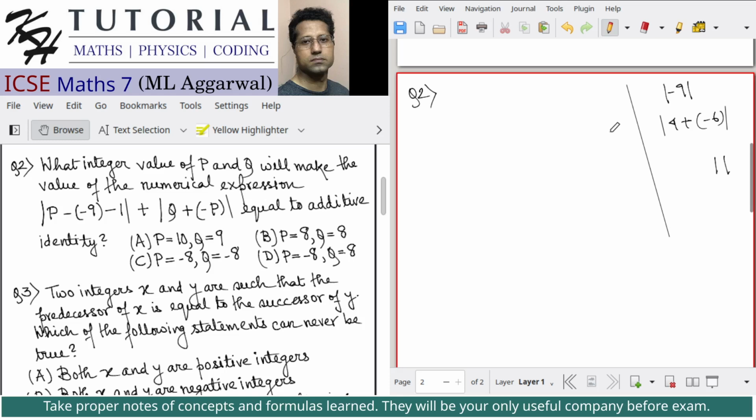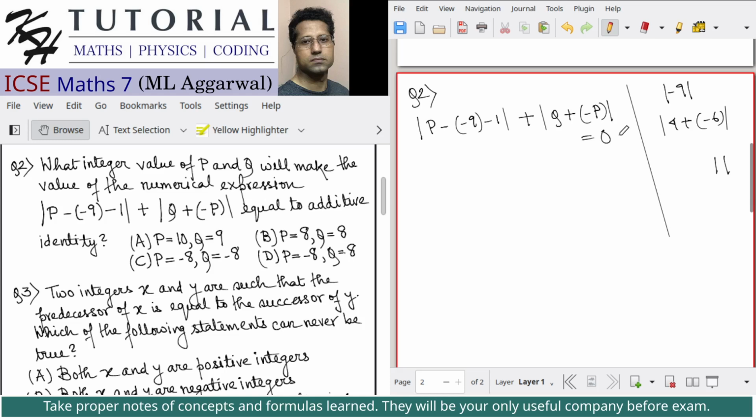Okay, so it is saying that what integer values of p and q will make the value of the numerical expression equal to the additive identity. Now additive identity is 0. So it is asking what will be the values of P and Q so that the absolute value of P minus 9 minus 1 plus the absolute value of Q plus minus P will be equal to 0.